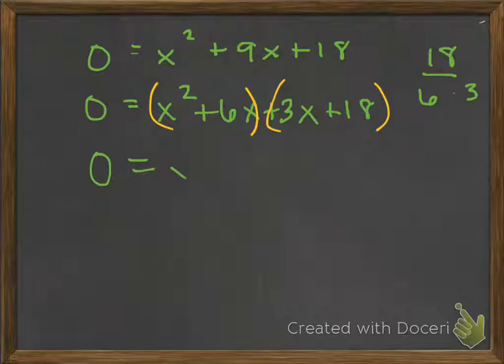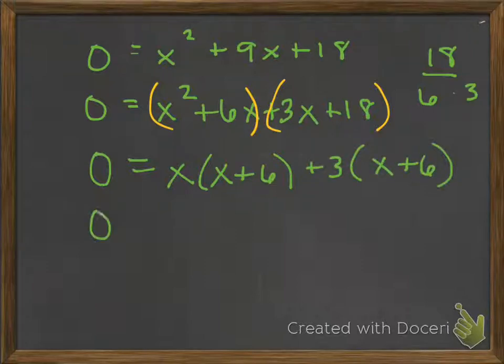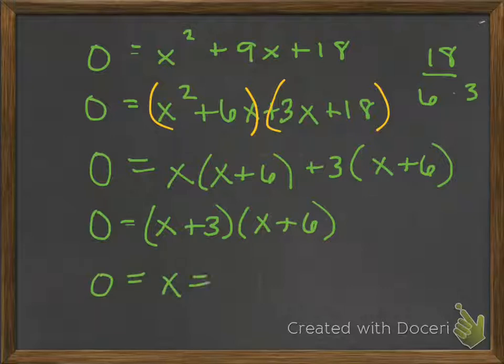So for the first one, I can take an x out, and I'm left with x plus 6. Second quantity, I can take a 3 out, and I'm left with an x plus 6. So it breaks down to be x plus 3 and an x plus 6. So my two answers are x equals a negative 3 and a negative 6.